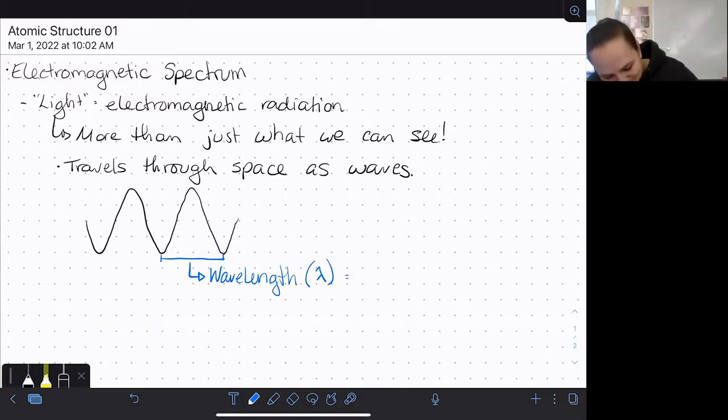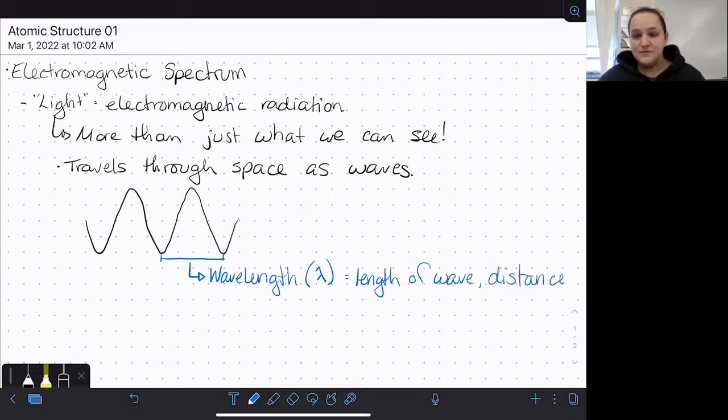So this is the length of the wave. It is a distance, so it has units of distance, things like meters or millimeters or nanometers, depending upon what type of electromagnetic radiation you are talking about.